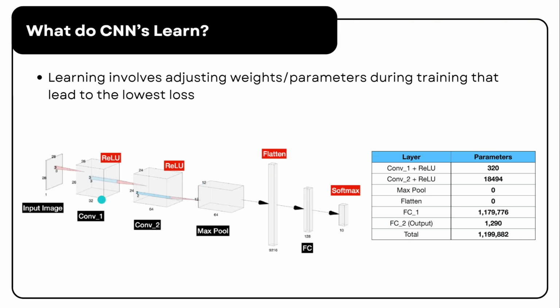Each of these layers, except pooling and flattening, has parameters that are learned during training. So these parameters, like weights in the convolutional and fully connected layers, are what the model adjusts to better recognize patterns in the data.